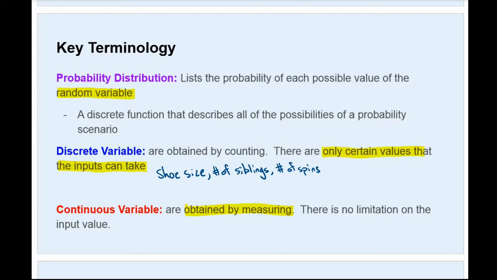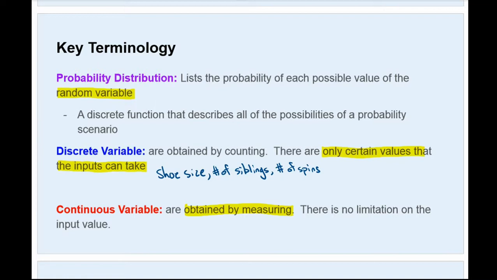And when we're measuring things, depending on how accurate my tool is, I could measure to many decimal places. If I'm using a very accurate stopwatch, or a very precise ruler, you can get down to very minuscule measurements. So there's no limitation on the input value except for whatever the tool is that I'm using.